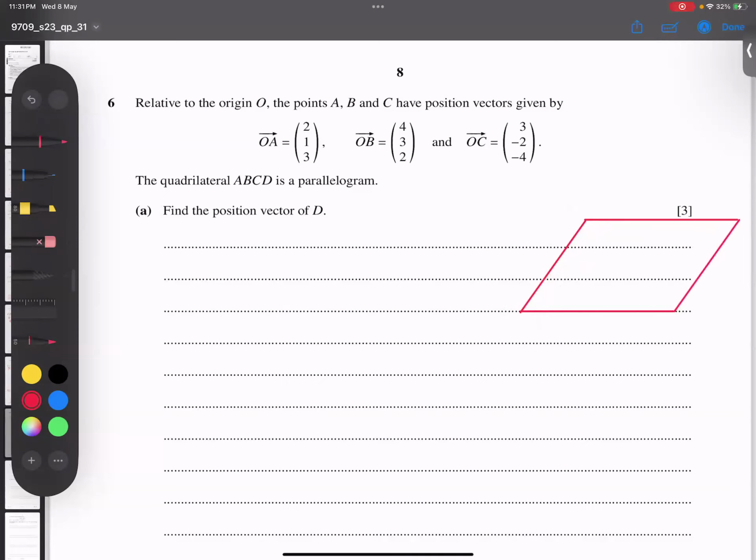Okay, so this is a parallelogram and he said ABCD. He said find the position vector of D. It means whenever I say position vector, it means OD.